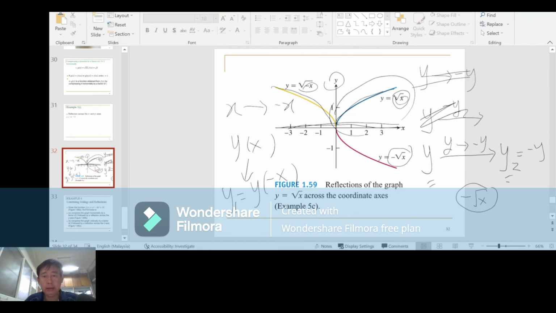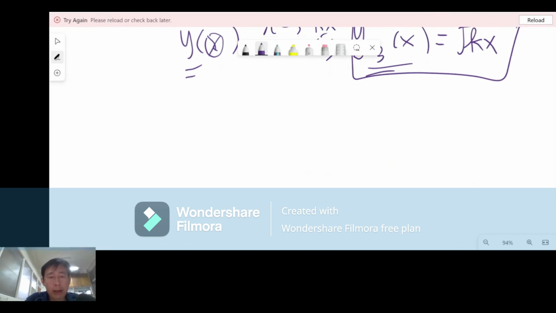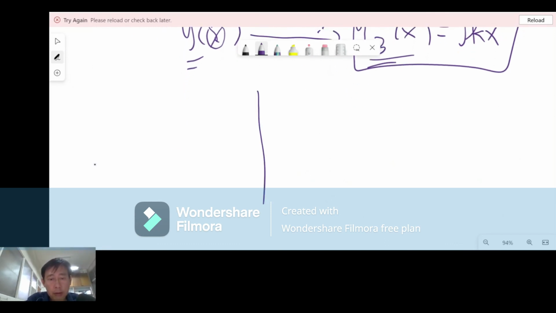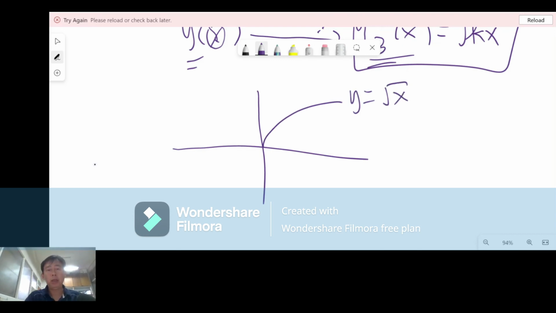So these are the reflection operations. To conclude, let me write this down on a whiteboard. If this is the original function, then to reflect the function about the y-axis, this graph will become a graph that looks like this.